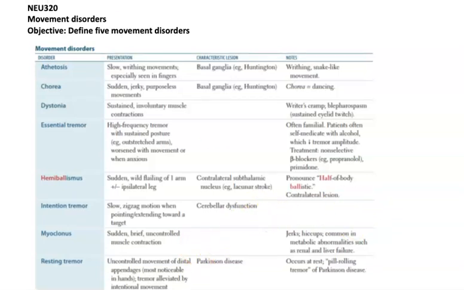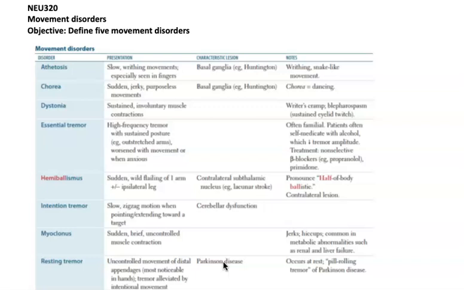And when we think about our 5 movement disorders, what we're going to do first is define them, and then we're going to think about how you're going to treat them. And I think it's really important when we're talking about some of the genetic-based disorders like Huntington's disease and Parkinson's disease, it's just like what we talked about with Alzheimer's, where it's really hard to find a cure for these things because the root cause of it in many of these is neuronal cell death in specific areas of the brain.